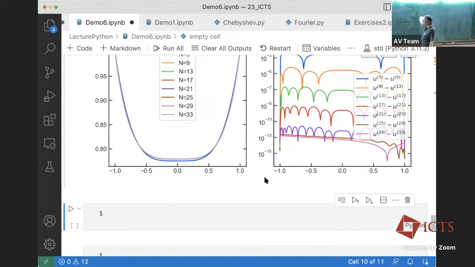The equation we had was u'' equals minus omega squared u(x), and x was from minus 1 to 1.